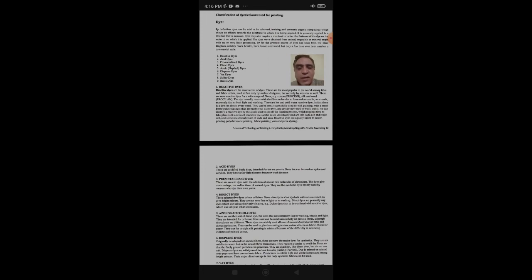Next is the disperse dyes. Disperse dyes are a class of dye used for synthetic materials like cellulose acetate. Initially it was used for cellulose acetate. Polymer materials are dyed at high temperatures.